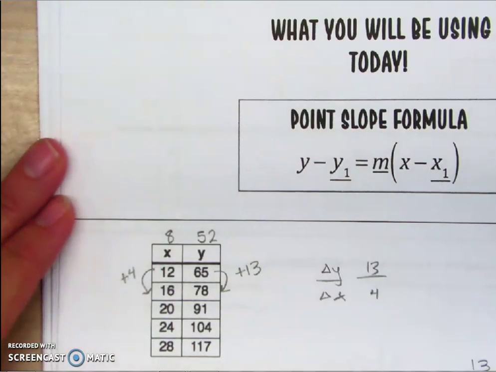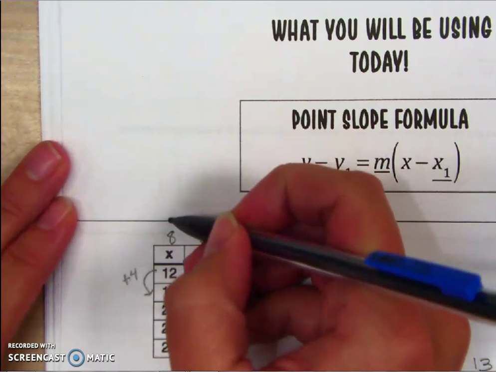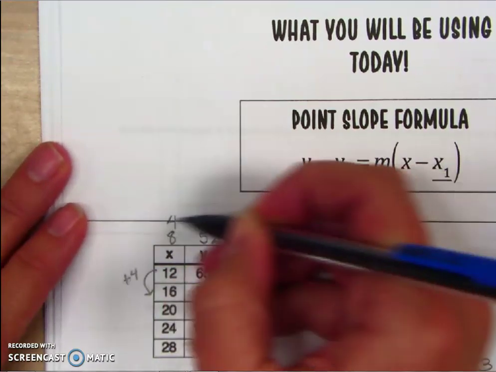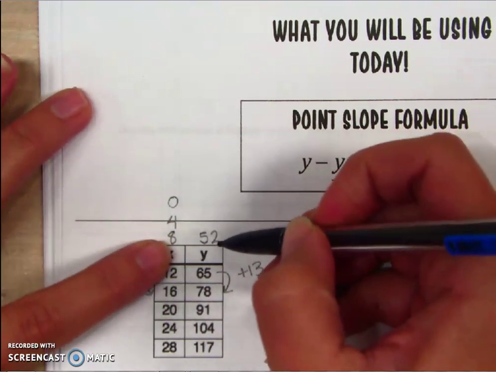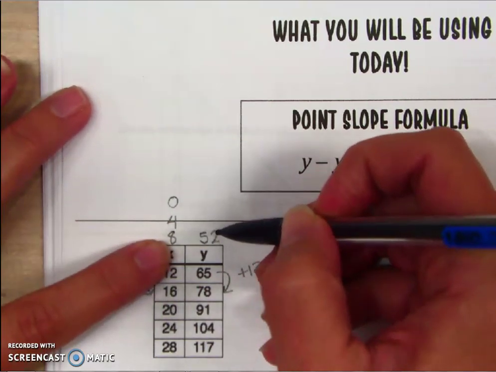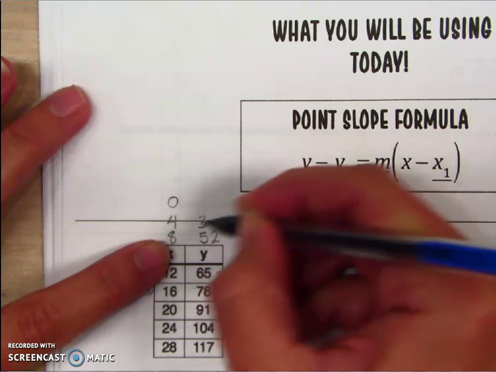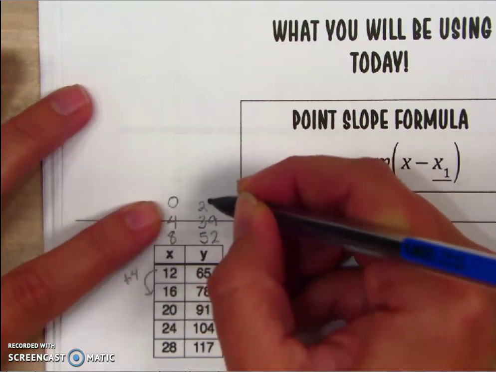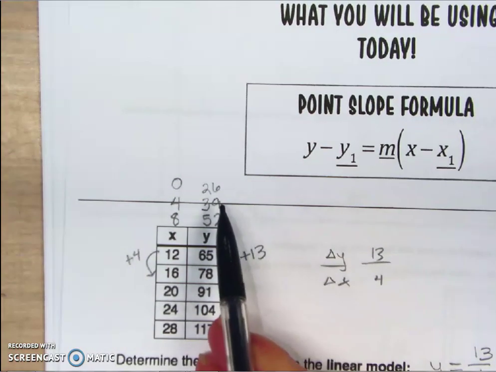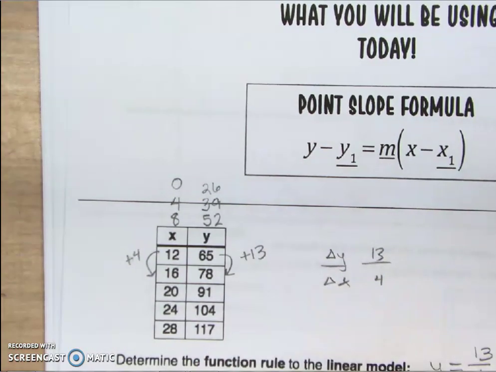So take away 4, take away 4. That means I've got 2 more steps to get to the 0 value. 52 minus 13, that's going to be 39. And 39 minus 13 again is going to be 26. So that tells me my initial value must have been 26.